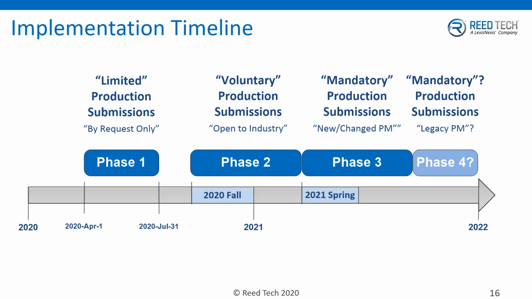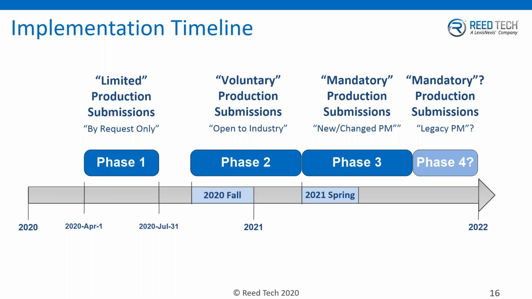The third phase that the notice identified was this mandatory one. So this was quite significant. They had not talked about a mandatory cutover much earlier than January, but this document came out and now it's in print. And they're charging full ahead in Health Canada to move to mandatory production submissions.